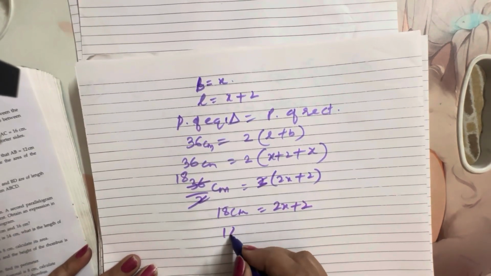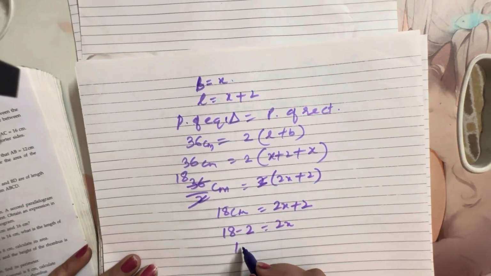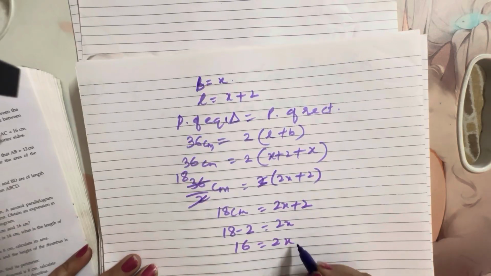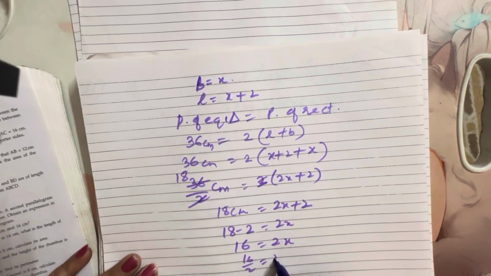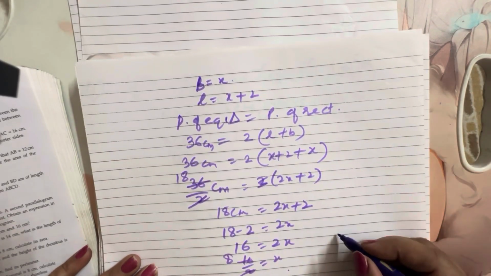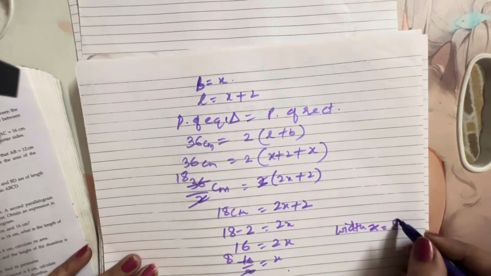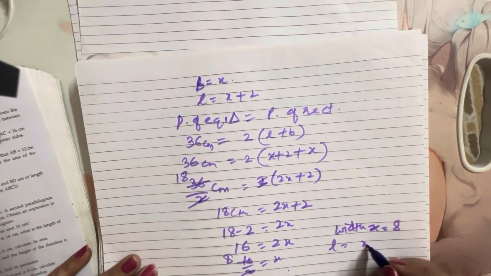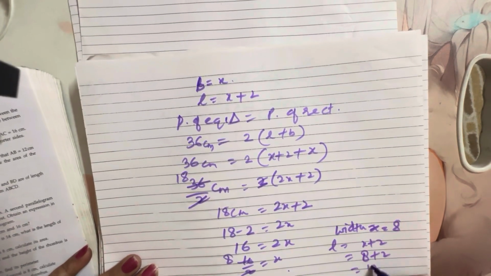The 2 goes across and becomes minus, so 16 is equal to 2x. Here 16/2 is equal to x, that will be 8. So the width is x, that is 8, and the length is x plus 2, that is 8 plus 2, equal to 10.